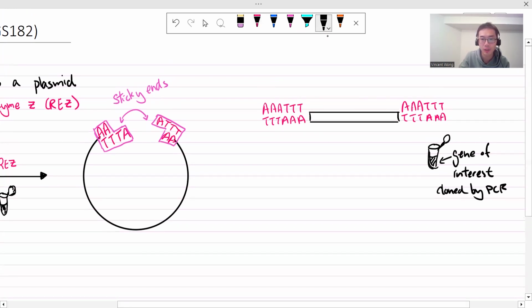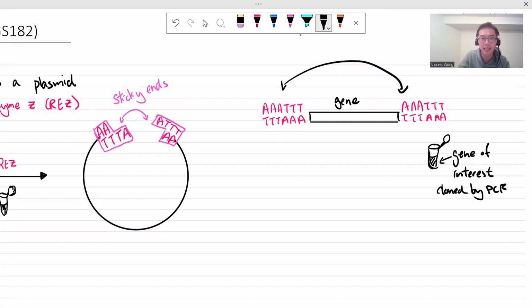So this here is the gene that you're interested in. And then let's say the flanking sequence contains the restriction site.